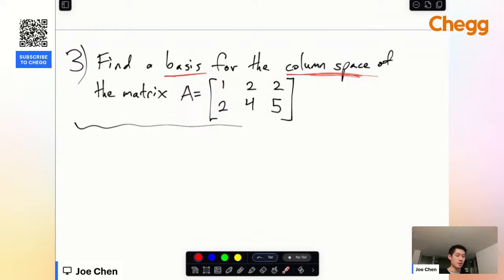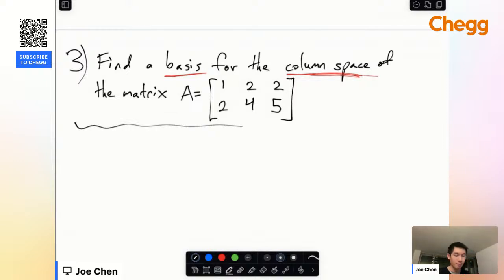Whereas a basis is going to be a minimal set in that sense. So it's going to be a set that spans the column space, but also needs to be minimal. And by minimal in linear algebra, we mean linearly independent. So, okay, let's do this problem.